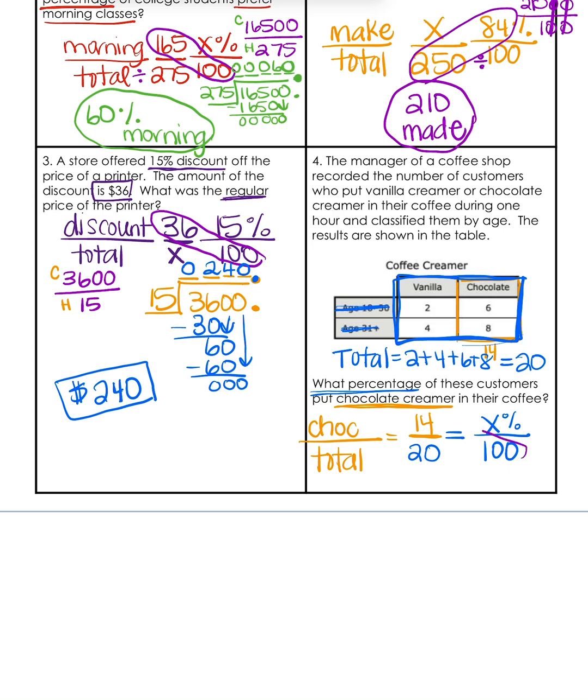We're going to cross multiply 14 times 100. And we know that gets us 1,400 because we're a zero thief. We just steal those 2 zeros. And then we're going to divide by our extra number, 20. You'll notice when I stack it, I need to cross off 1 zero here, and I end up with 140 divided by 2.